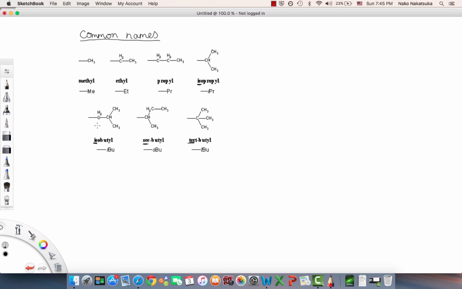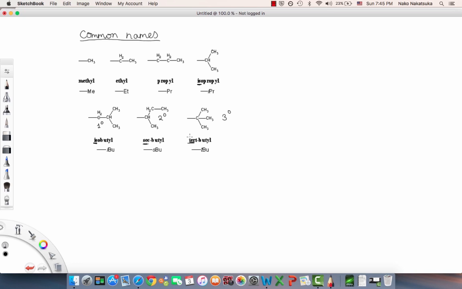So basically, it's a primary carbon. In this case, this carbon that's bonded to whatever parent chain there is bonded to two other carbons. So this is secondary. And finally, this carbon is bonded to three other carbons, so it's tertiary. And so that's how you get the names iso, sec, and tert.